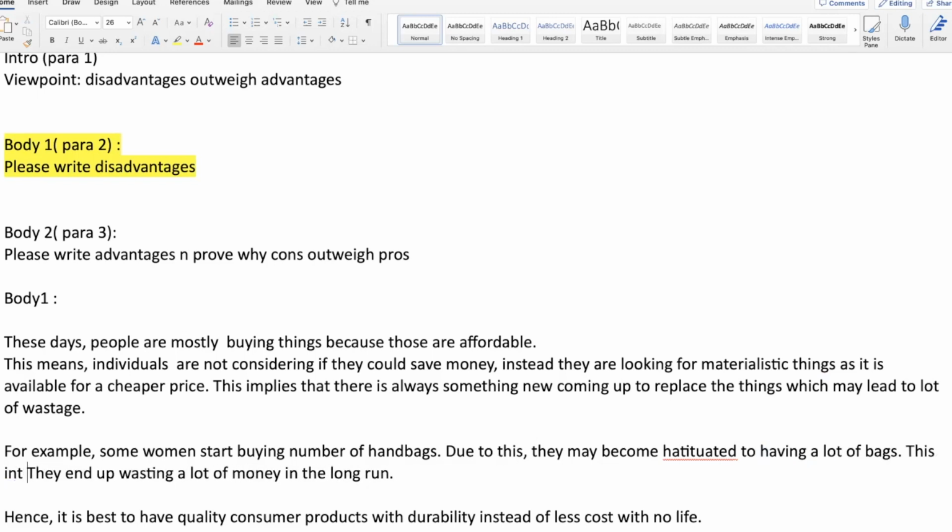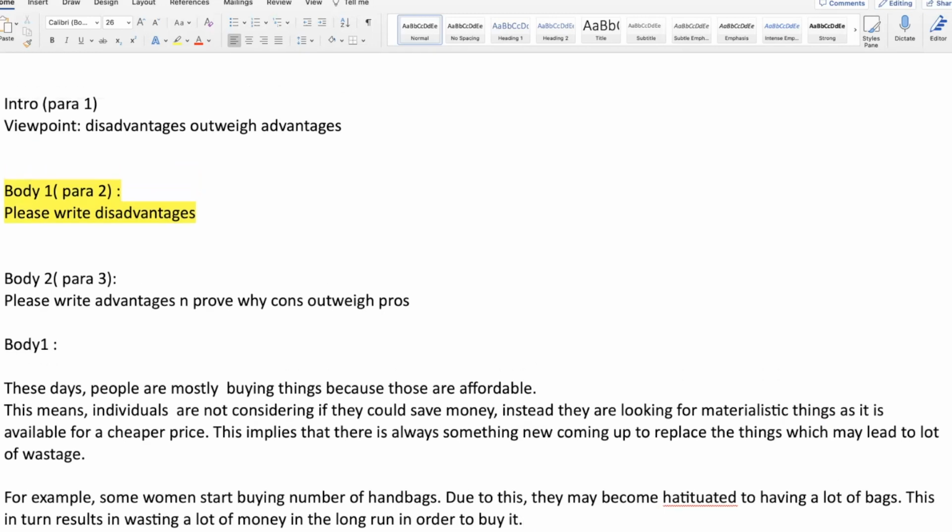This in turn results in buying more. Hence, it is best to have quality with durable instead. Don't write this. Never give a solution. The question is not about a solution. That's it.